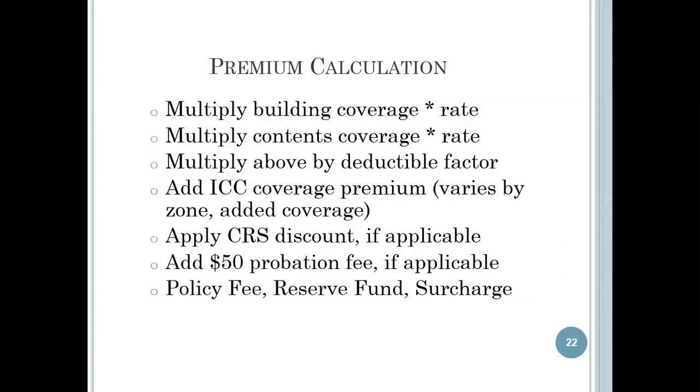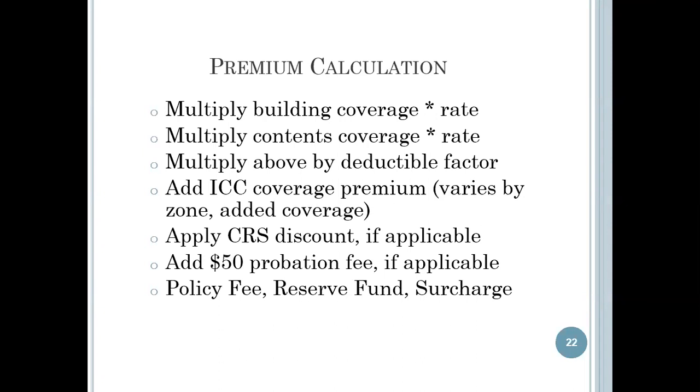As I said earlier, when we do our premium calculation, we're tier rated, which means we have a basic rate and a building rate, as well as a basic limit and an additional limit. For instance, on a residential property, the base limit is $60,000.